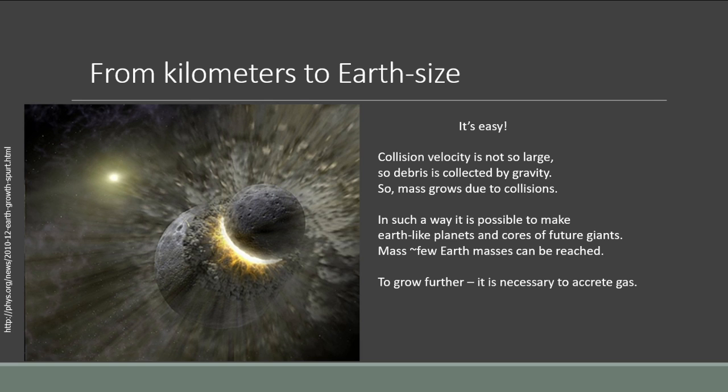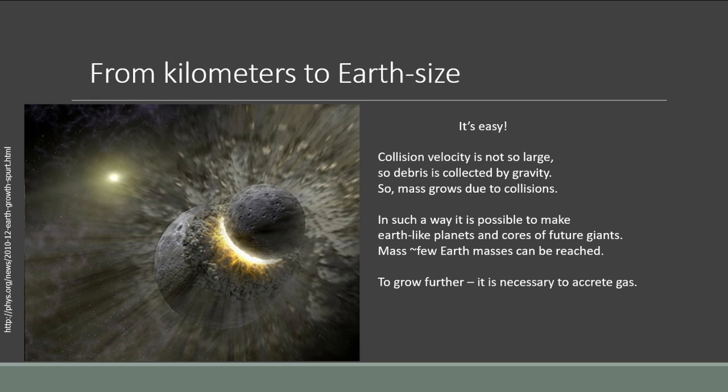What happens? If two, say, small stones collide, they produce dust, small pieces, and this dust and small pieces are lost. But if two, say, kilometer-sized objects collide in the protoplanetary disk, they can be destroyed, but gravity is already strong enough to keep this matter from spreading out.